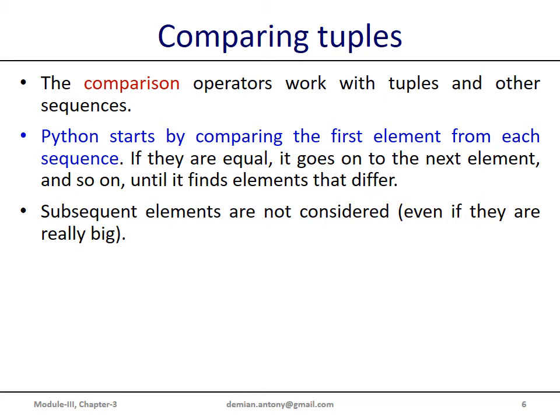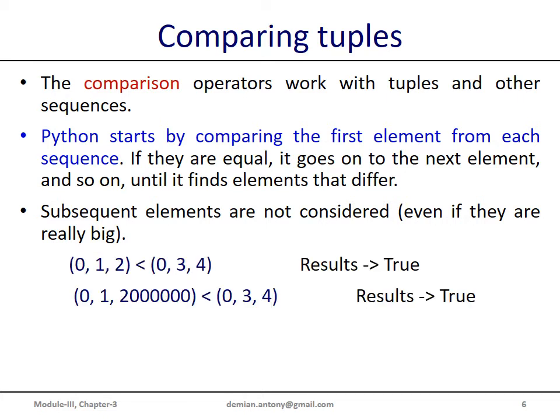Once two elements in two different tuples differ in value, all the subsequent elements will not be considered for comparison, even though the subsequent elements are big or large.